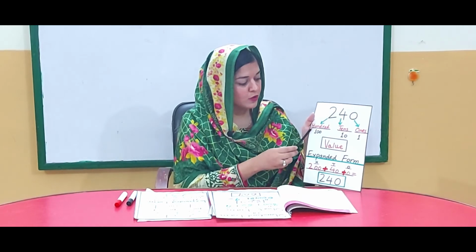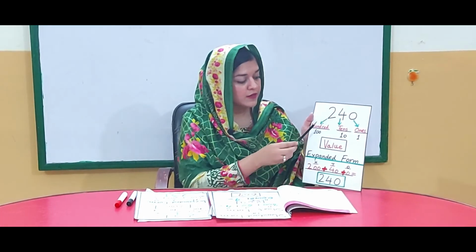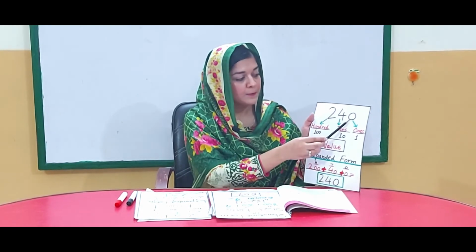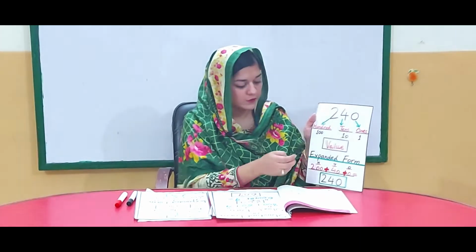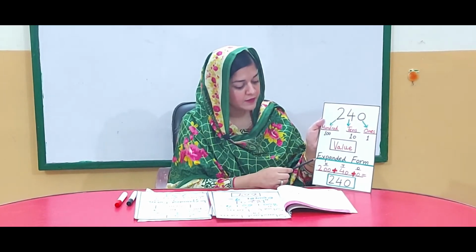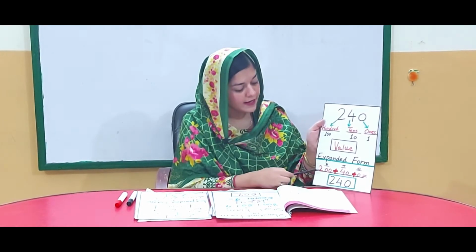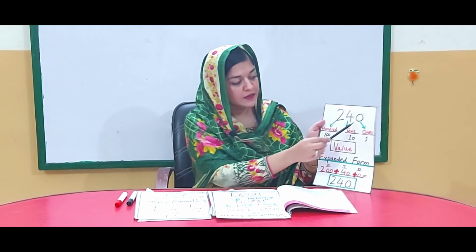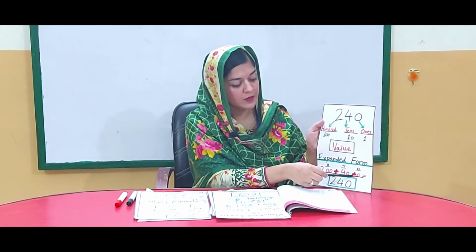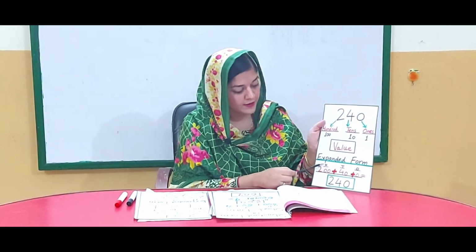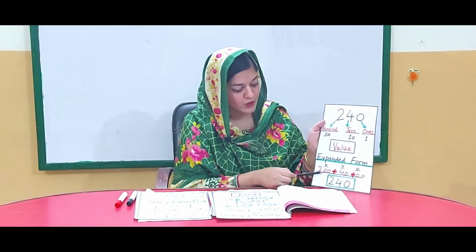So we know that 2 is standing on the hundreds place, 4 is on the tens place, and 0 is on the ones place. The expanded form of 240 is 200 plus 40 plus 0. The 0 is coming on the ones place. We can't omit the 0.